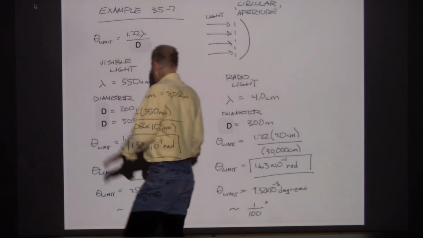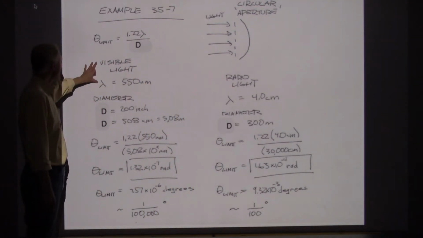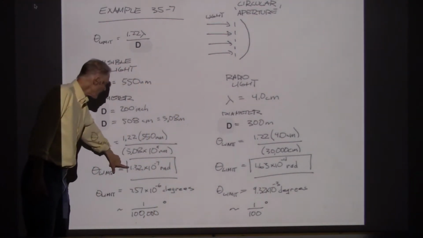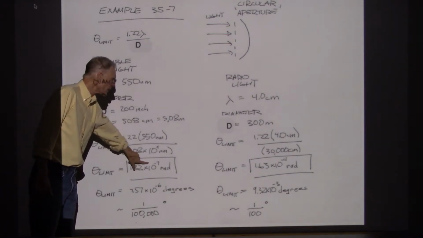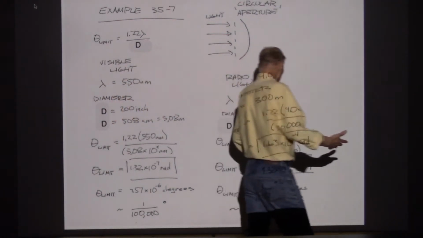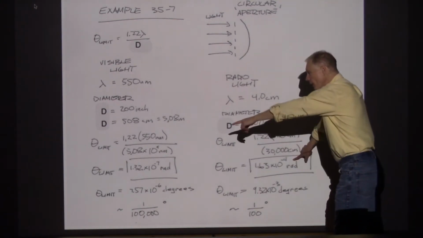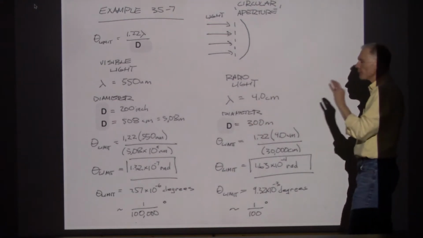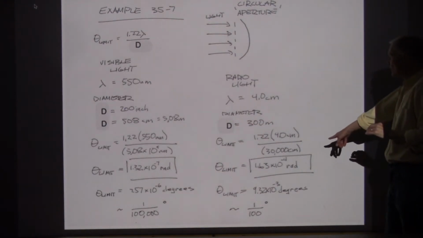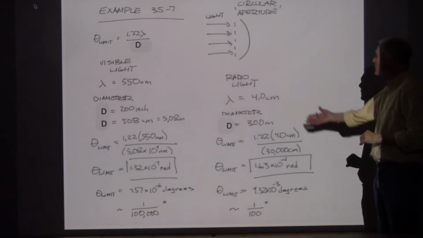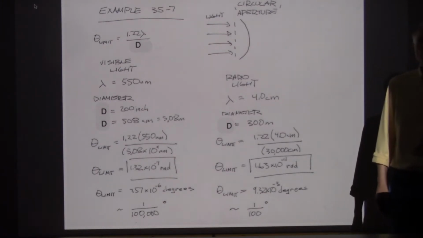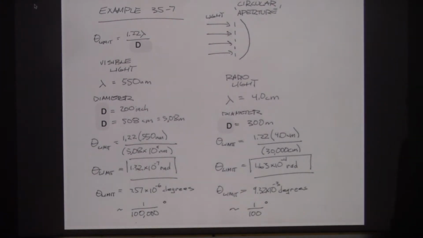300. Plugging all the numbers in for the Mount Palomar telescope, we get a resolution limit of 1.3 × 10^-7. For the Arecibo radio telescope, the resolution is not nearly as good. That resolution is about 1,000 times finer than this is. Now with radio telescopes, because the wavelengths are so large, to limit the diffraction resolution issues, you have to get a huge dish, or you can use arrays.